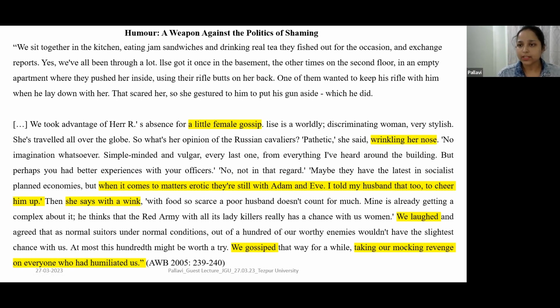We talk about it, we gossip about it, and a little female gossip is something that also makes the diary controversial, because it's been written in the reviews, how can you talk about it in this particular manner.